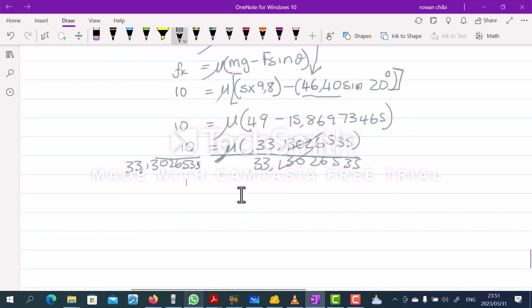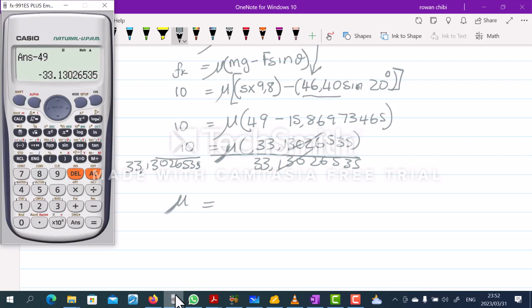This one cancels. The kinetic coefficient now is equal to 10 divided by 33,13026,535.